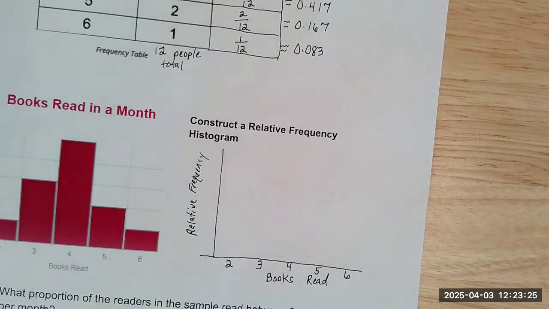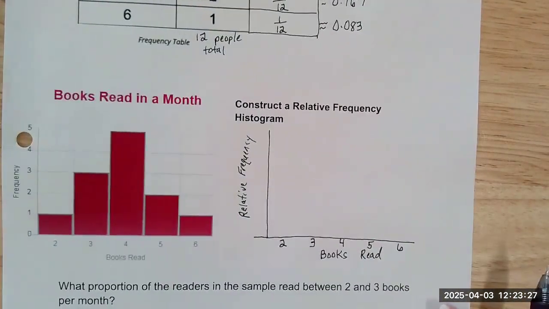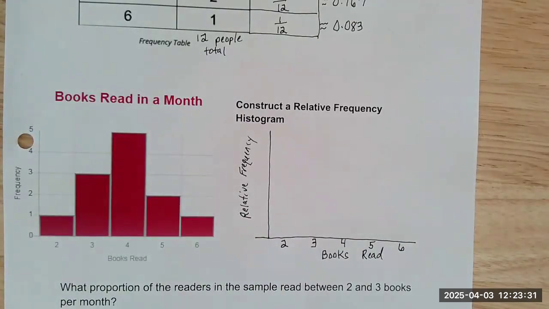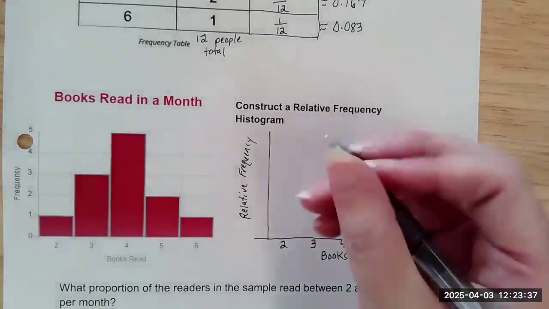But then going the other direction on the y-axis, instead of putting 1, 2, 3, 4, and 5, I'm going to put decimals. I'm going to put 0.1, 0.2, 0.3, 0.4, and 0.5.